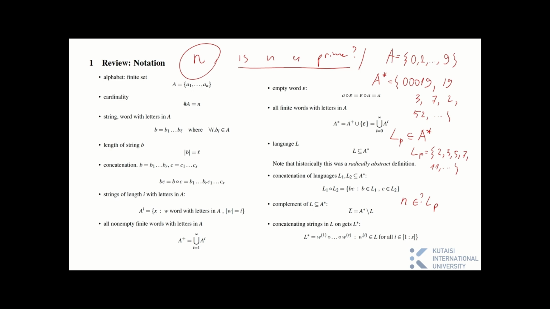Say 27 is not a prime, whatever. 11 is a prime, so it's the string 1, 1. So it has to check whether this string belongs to L_P. If there's an algorithm that checks this somehow, and it returns yes, it answers the question whether n is prime. And if it returns no, then no. This is a decision problem. Decision problem is a shorthand for yes-no problem. So every yes-no problem can be translated into a problem which asks, does something belong to a language?